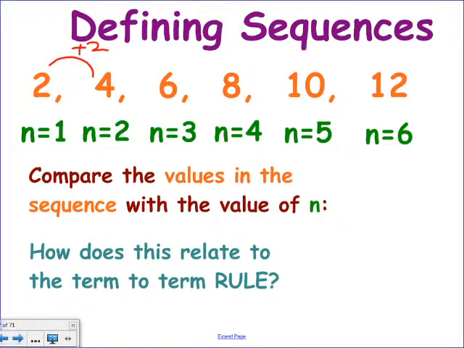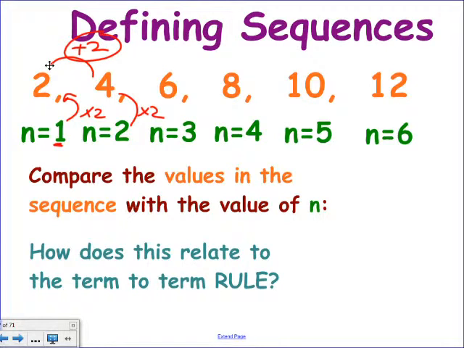Can you see a relationship between this number here for my position and this number here for my value in the term? It's going up 1. 1 times 2 is 2. Good, 2 times 2 is 4, 3 times 2 is 6. So there's a relationship between that number 2 and the fact that I have to multiply that by 2. Okay?